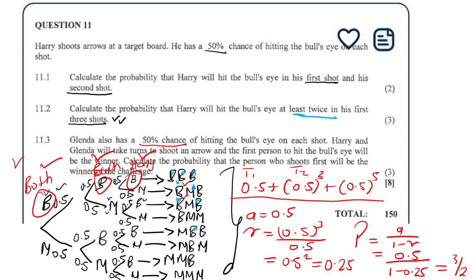Therefore we have to find A and R. Therefore we're going to have the probability. The reason why we are ending up having a geometric series is because we are taking turns.